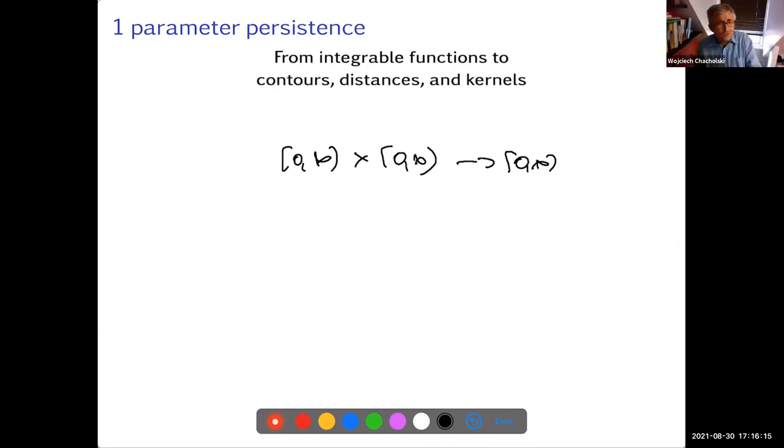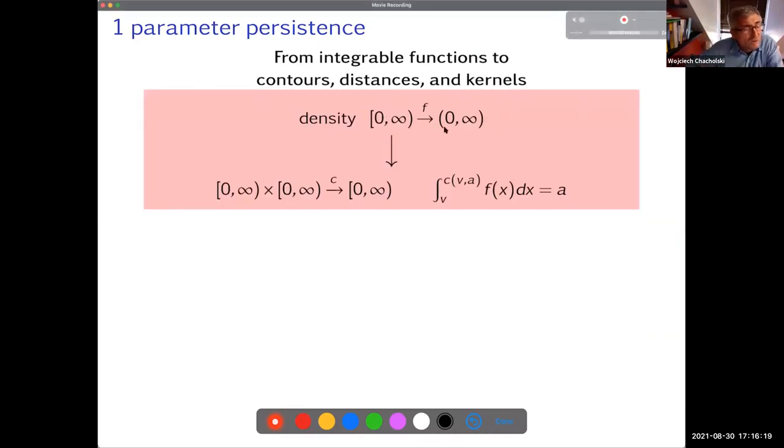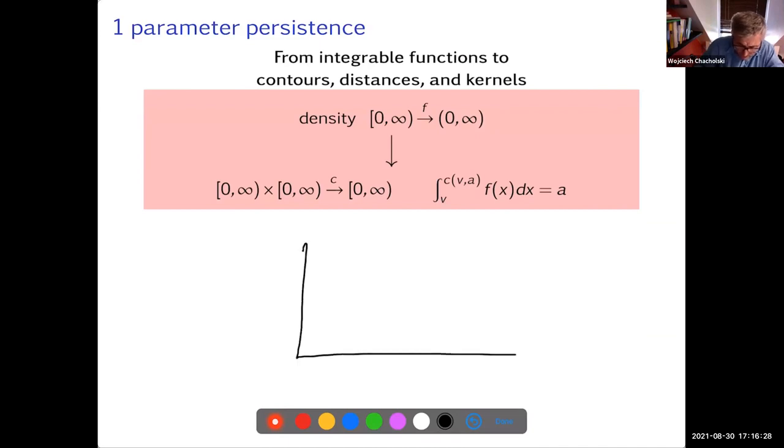Okay, so here's the easiest way that I know of. You choose a function with positive values, integrable, and what you do, probably easiest would be if I just draw a picture. So here is an integrable function, that's f, and you start with element v, and you want to act on this by element a.